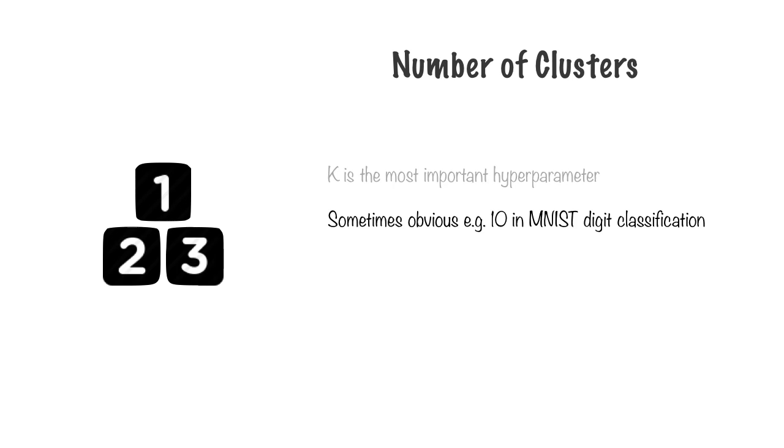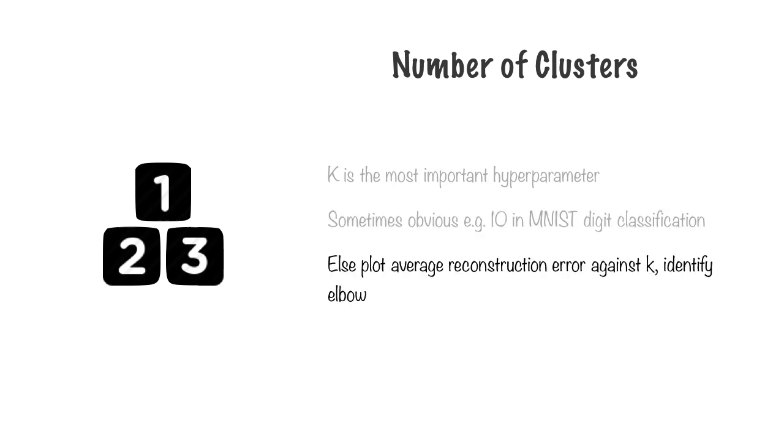This is one of the demos that we'll do. You know that the number of digits are 10, so the number of clusters should also be 10. This is kind of an obvious thing. If your problem statement is handwritten digit recognition, it makes no sense to group your data into 5 clusters when there are 10 digits. But sometimes the number of clusters may not be that obvious.